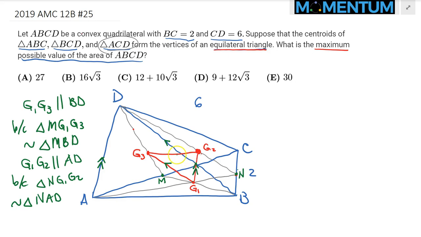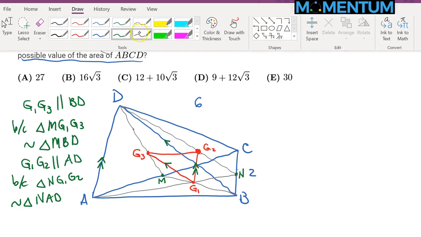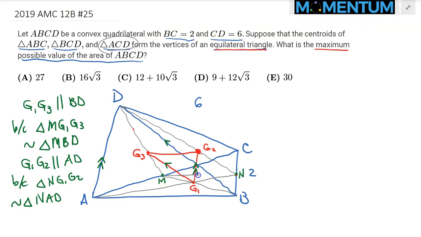And lastly, we can do one more argument. Focus on G2, G3. Let me draw one additional line that can probably help you guys. If I draw MN, notice that MN is the midline of triangle ABC. And now it's clear that G2, G3 is parallel to MN simply because of the homothety centered at D, which creates two similar triangles, DG2G3 and DNM. As a result, G2, G3 is parallel to MN, but MN is the midline of triangle ABC.